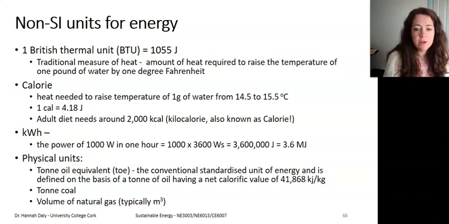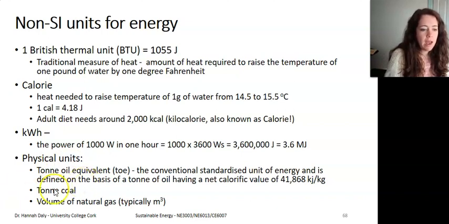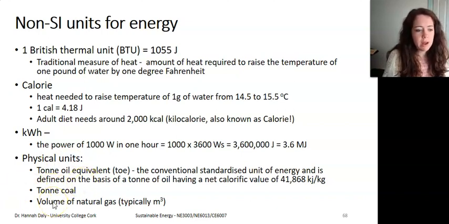So we convert all the different forms of energy flowing through the energy system into the equivalent weight of oil, 1 standard ton of oil. It's defined as a ton of oil having a net calorific value of around 42 kilojoules per kilogram. There are also systems which convert things to standard tons of coal, or volumes of natural gas, typically meters cubed.